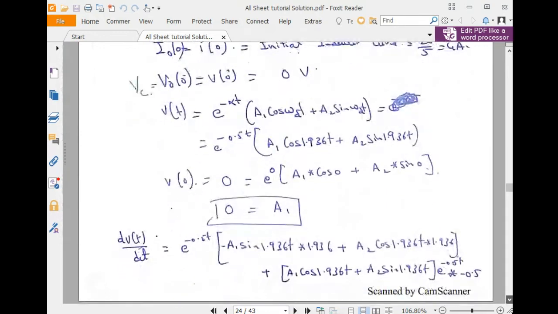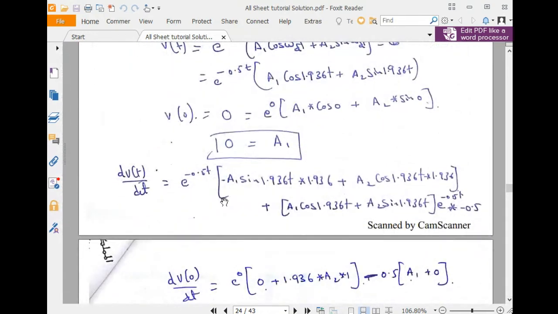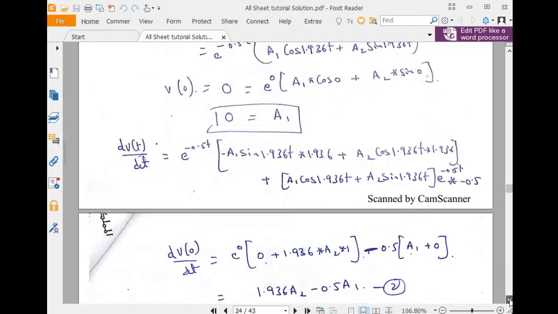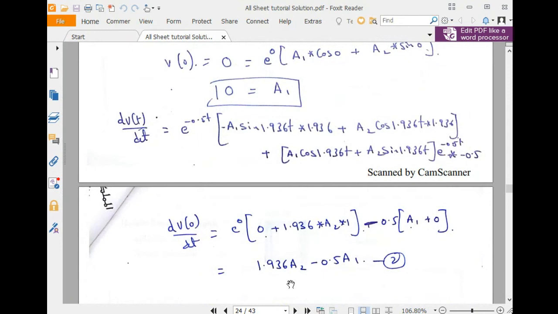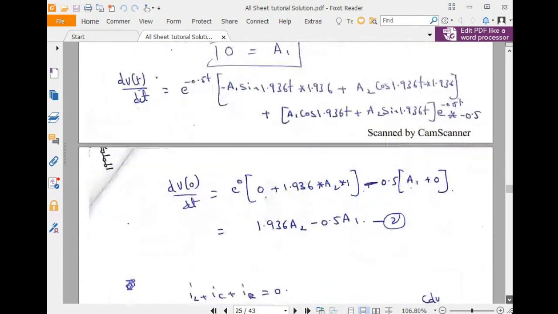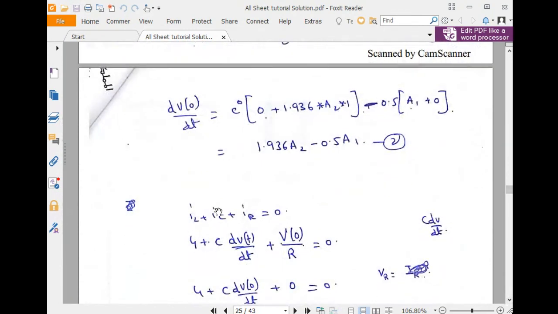Then differentiate the standard equation. This is after differentiation. Now substitute t equal to 0, you will get equation 2. Substitute the value of A1, you will get A2. Now you got dV of 0 by dt equal to this equation.